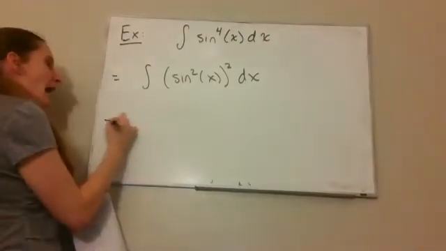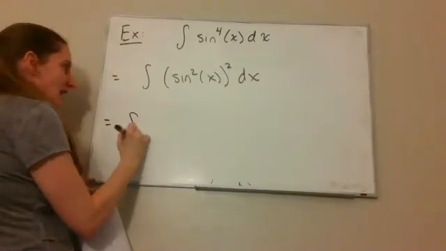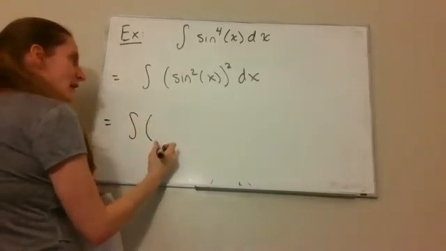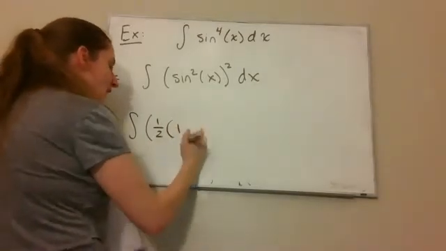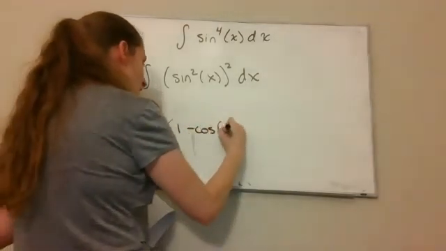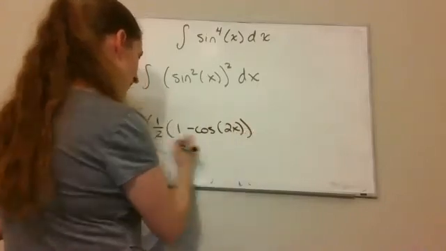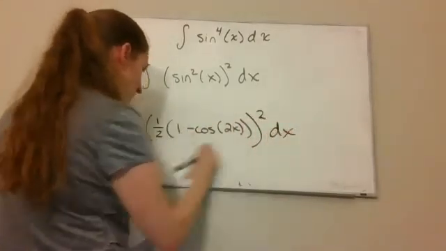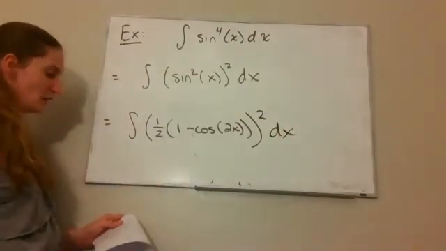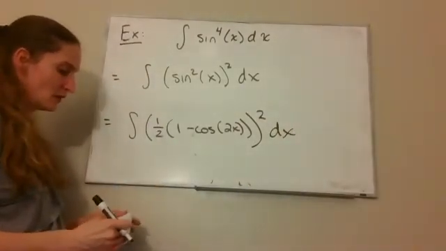So using one of the half angle identities, I get my sine squared is equal to 1/2 1 minus cosine of 2x. And then all of this is squared. Now that looks a little disgusting, but it's going to be okay.